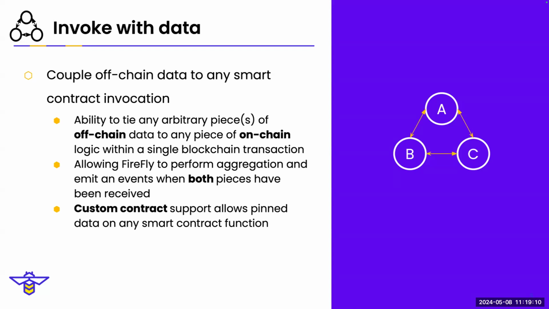Now, I think this is a journey, and there's lots more happening in the future on off-chain, on-chain data coordination and privacy. We'll see a lot more on this going forwards. But this was a significant step on the journey, enhancing the messaging support that's baked into FireFly. I hope that was useful.